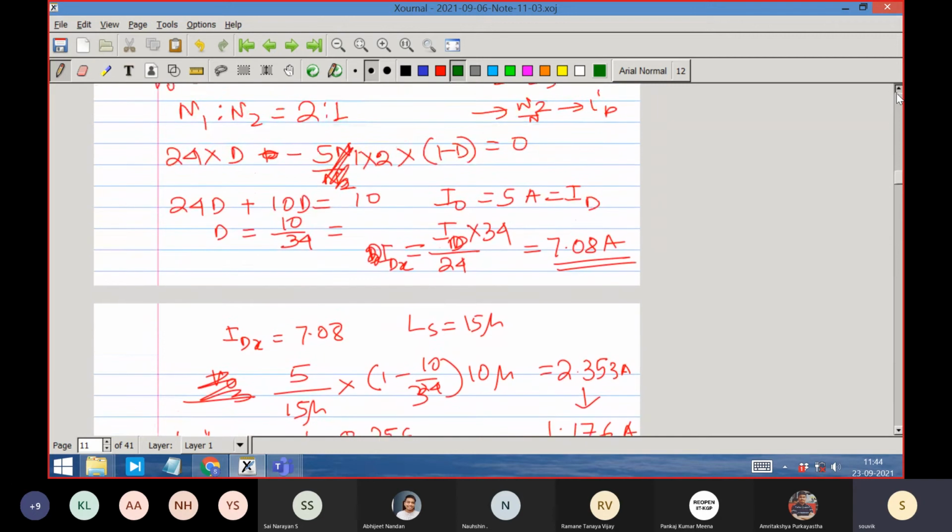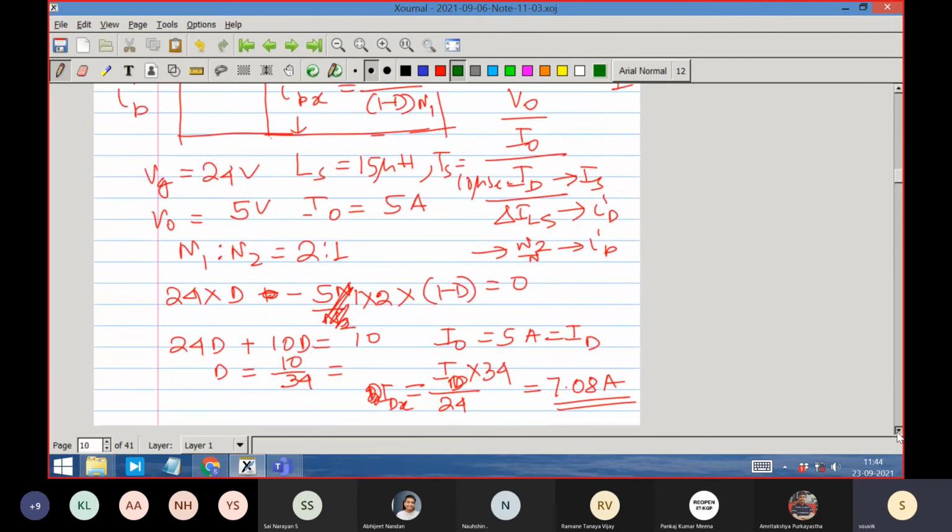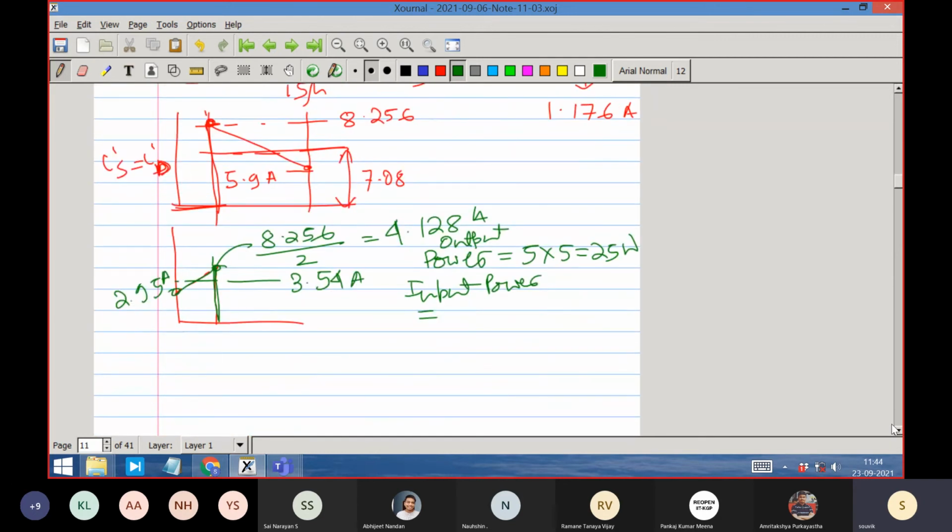So it is 24 into this current's average. This current average is 3.54 into D, and D is 10 by 34. So it is 24 into 3.54 into 10 divided by 34.